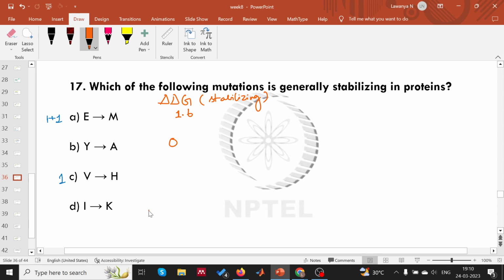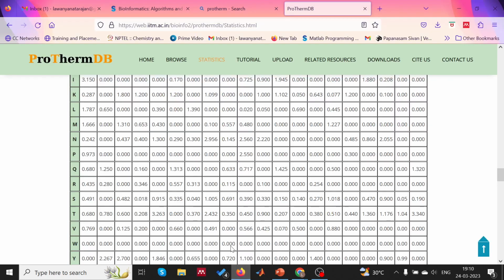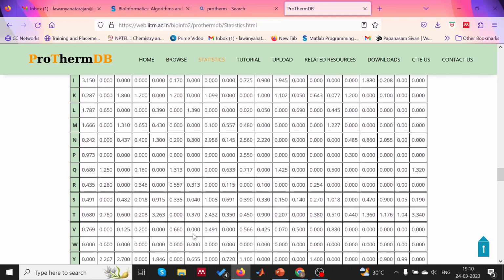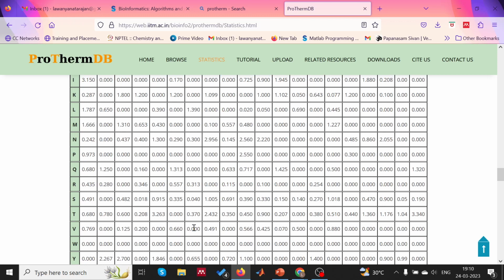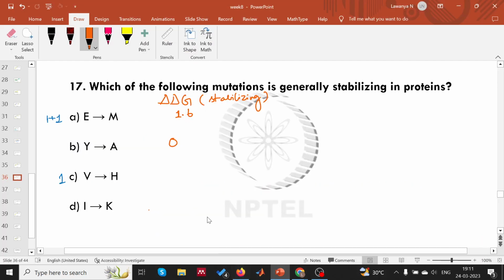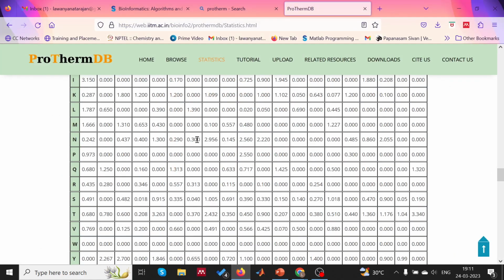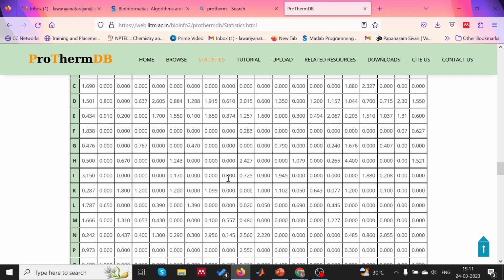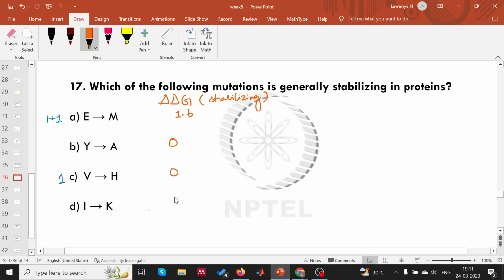Okay, and what is V to H, I to K? V to H means I should keep my cursor in H and go to V. That is 0. You will not be expected to remember the table, Vijayanta, so don't worry about it. And I to K is again 0.